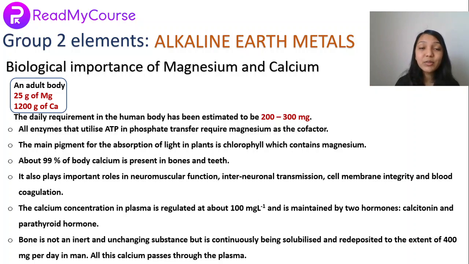So this is something we believed, right? We were thinking that bone is inert and basically unchanging, but no, it is continuously being solubilized and redeposited to an extent of 400 mg per day in a man, fine. And all this calcium passes through the plasma. So this is about the biological importance of magnesium and calcium.